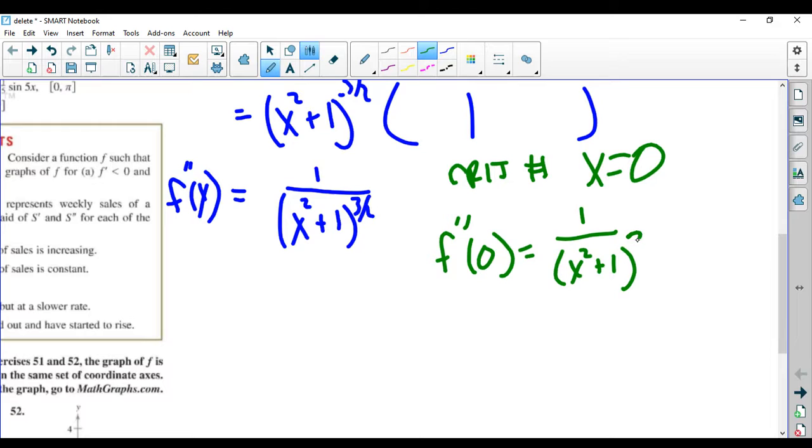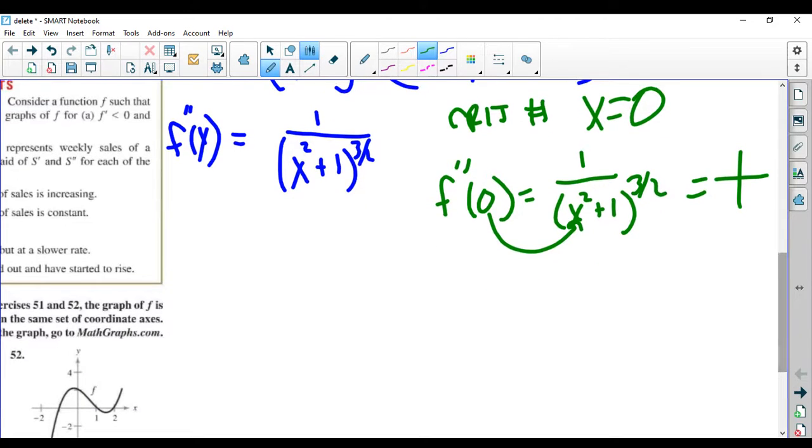When you plug it into our second derivative, that's going to be positive. So plug the 0 in for the x, which means we have a minimum. So we can conclude we have a minimum at x equals 0. Fill in the y coordinate.